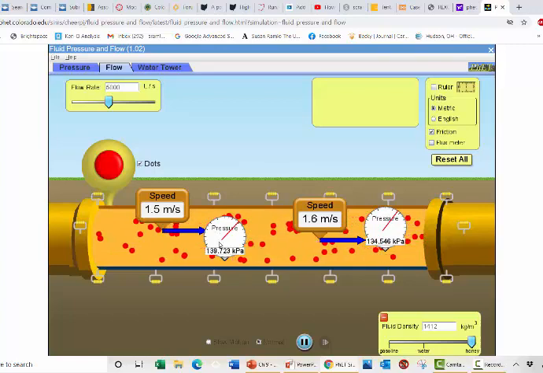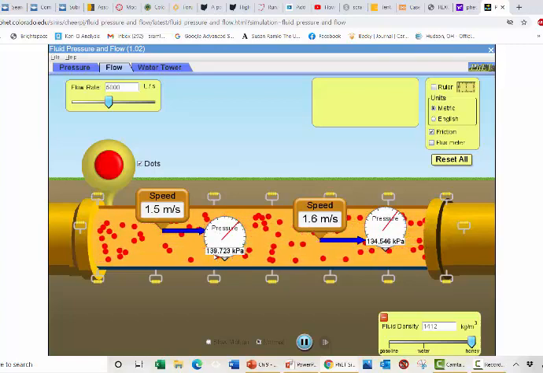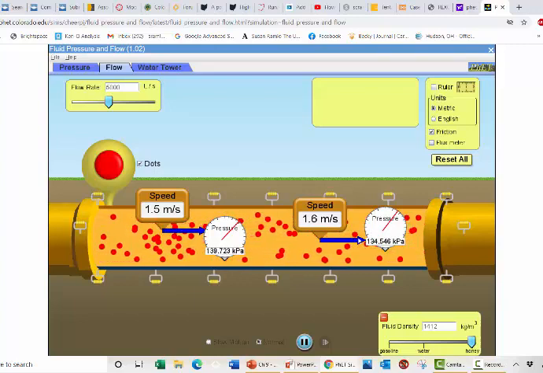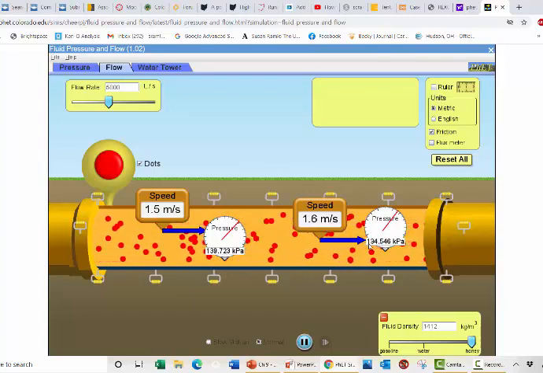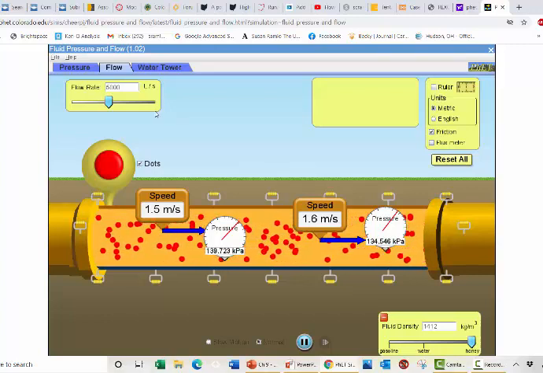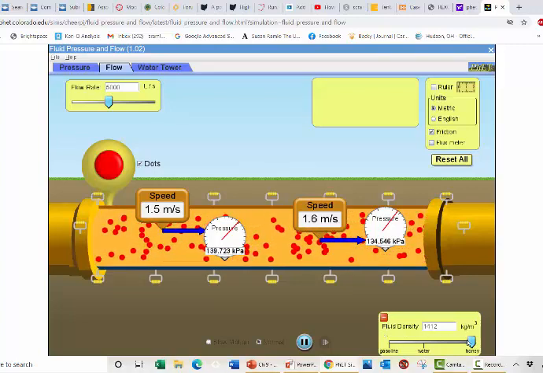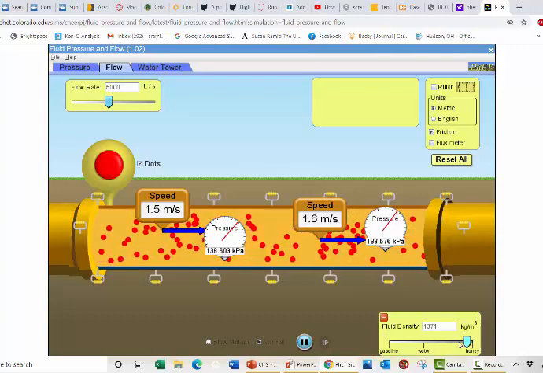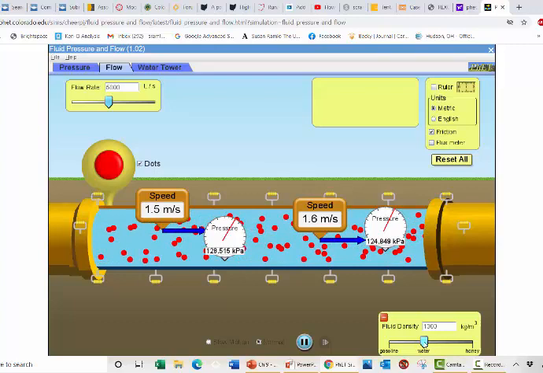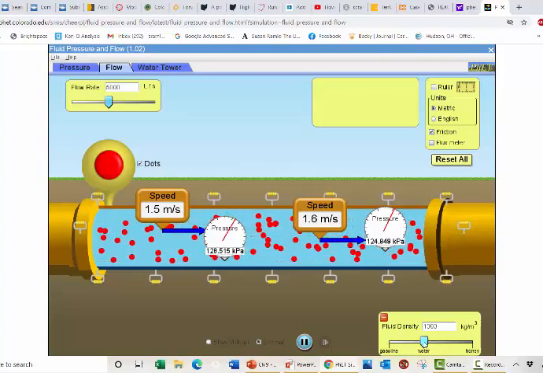If we look at the pressure here, it's 139.7 kilopascals. But farther along, where the speed is a little faster, the pressure is less. How about if I change my fluid density again, go back down to water, I still see that difference.